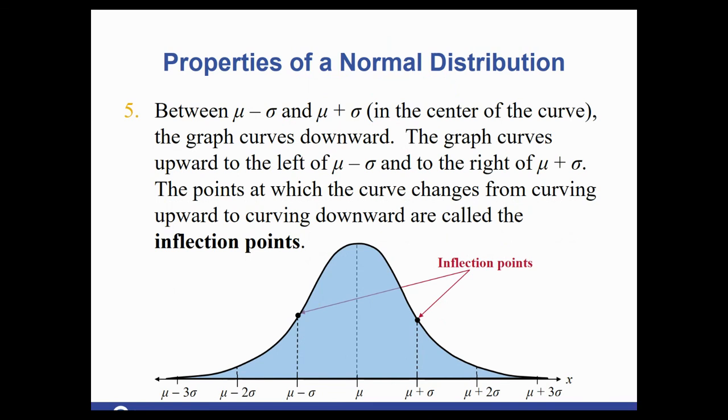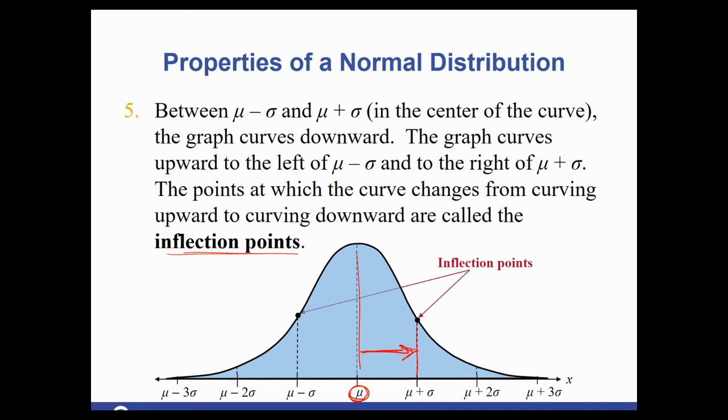Now, one of the other properties that comes up is what's called inflection points. And that's just the visual marking of where our standard deviation measures out. So when we have our mean in the middle, going out to the next bar, as we sometimes call it, this right here, this is 1 standard deviation out.